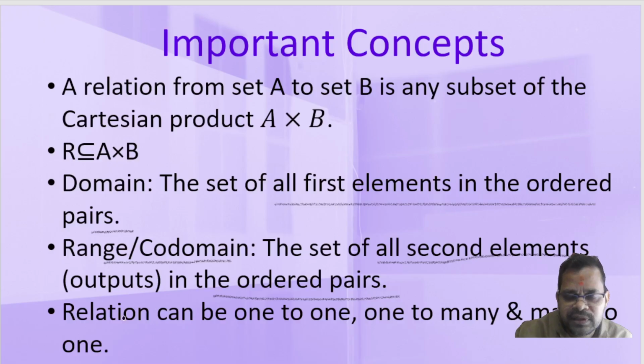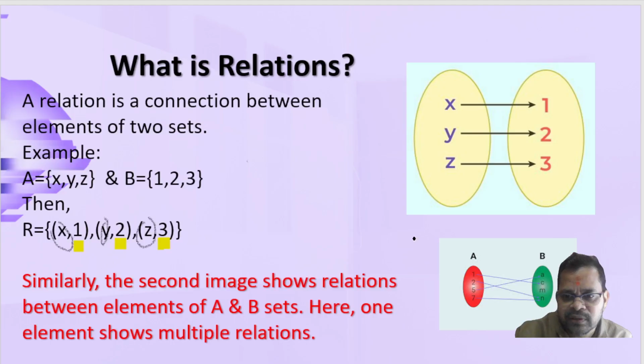As I have already explained, a relation can be 1 to 1, 1 to many and many to 1. Here 2 and 7 both belong to N, so this is many to 1.